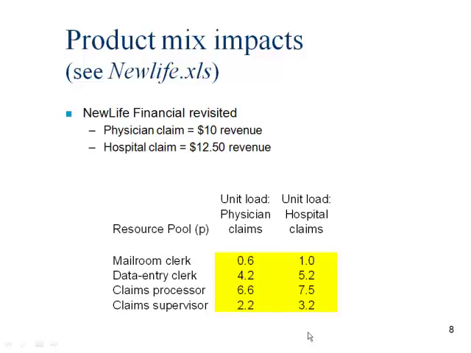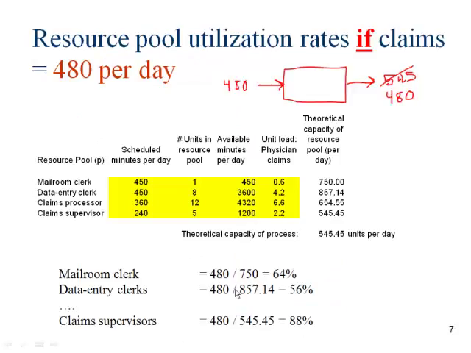Because if you go back to this example, a huge part of determining what the theoretical capacity of the resource pools is the unit loads based on physicians' claims. So intuitively, if we start changing the unit load values for physicians' claims, then we're going to change the theoretical capacity of the resource pools and very likely the theoretical capacity of the overall process.